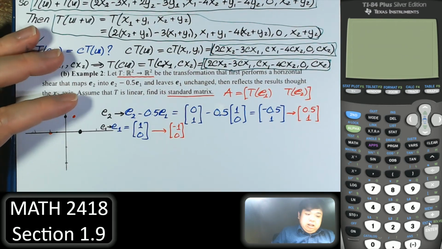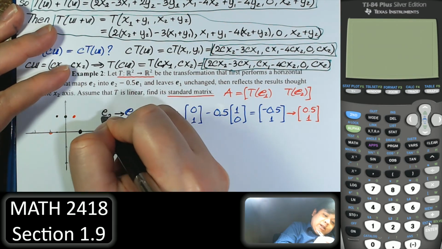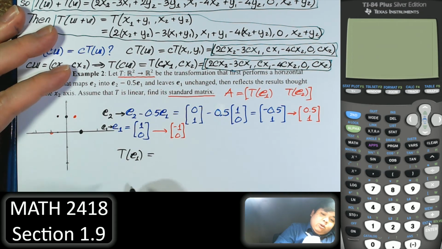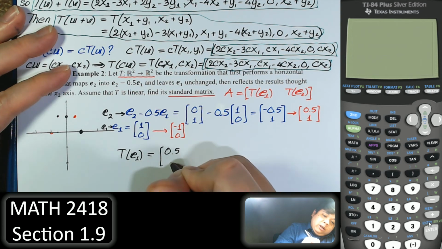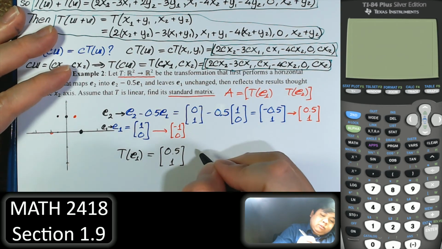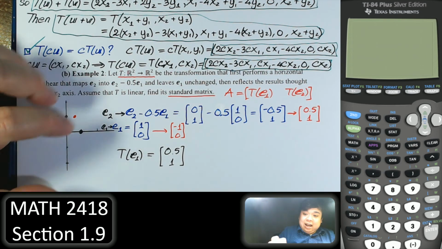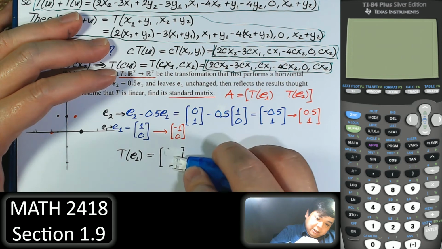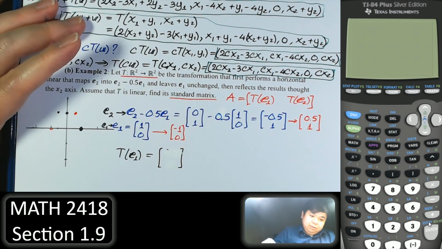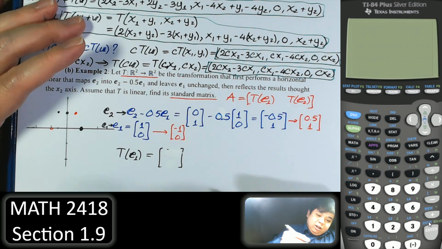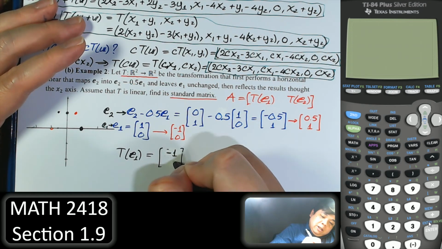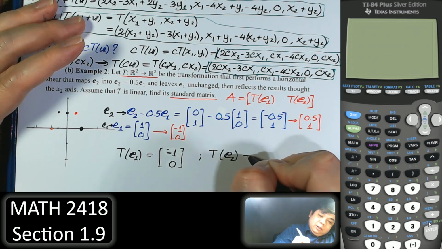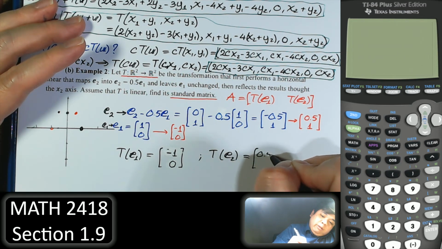So bottom line, the transformation of E2 is equal to 0.5 and 1. T of E1 is negative 1 and 0, T of E2 is 0.5 and 1.